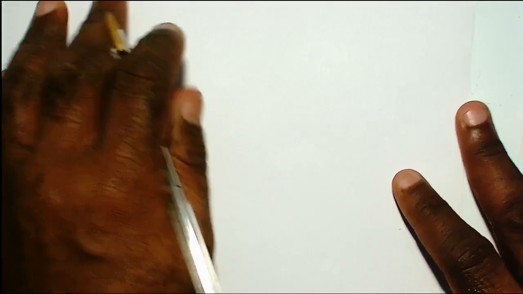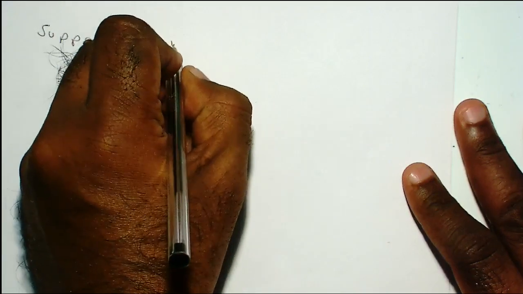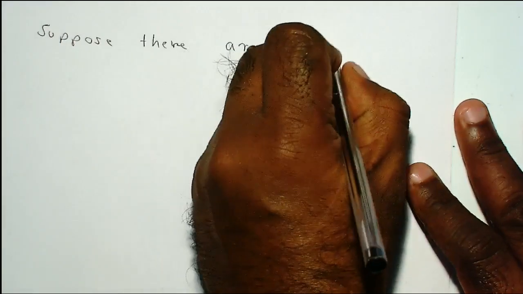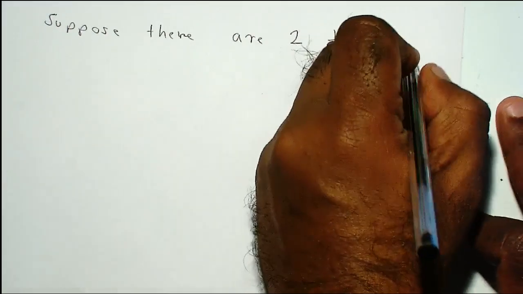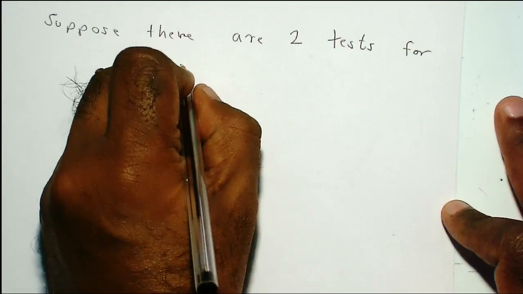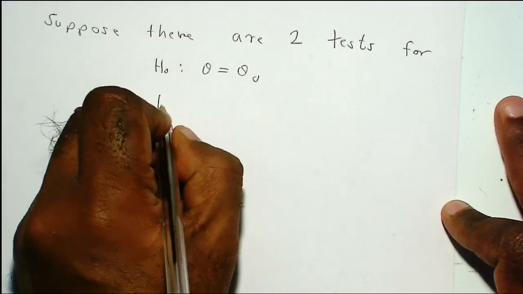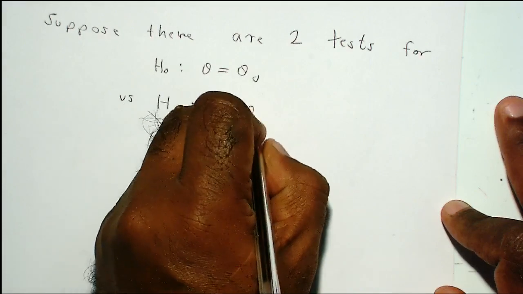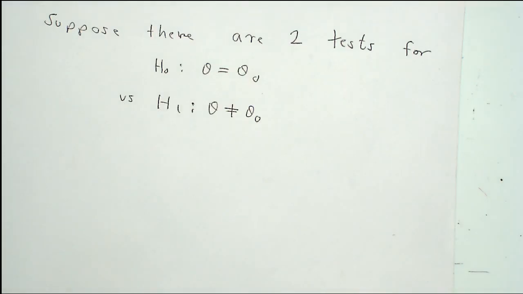Okay. Now, one more thing I need to say is, suppose there are two tests, because when we talked about parameter estimation, we had the issue of selecting between two or more estimators, right?